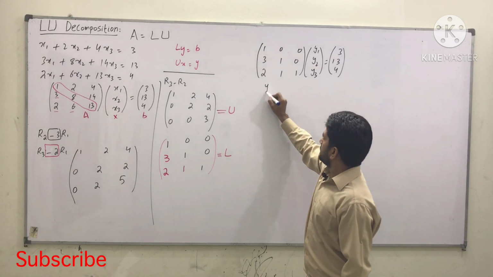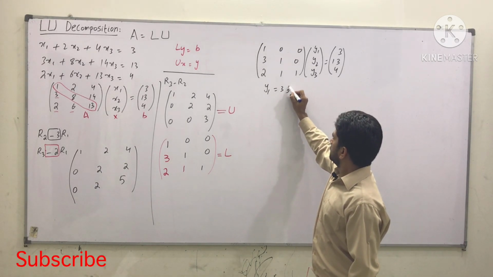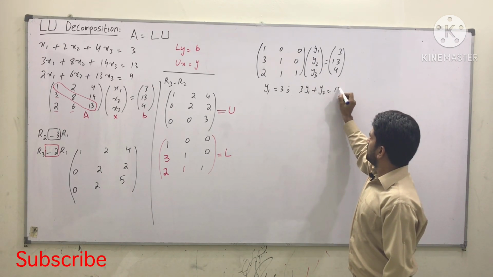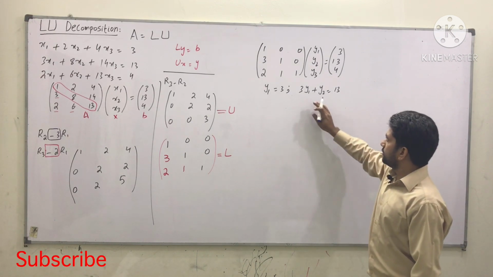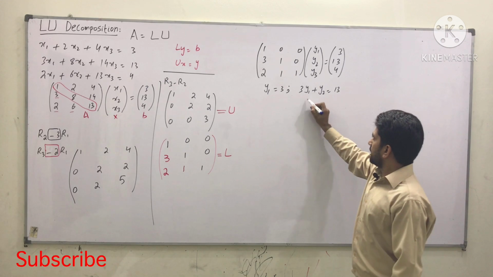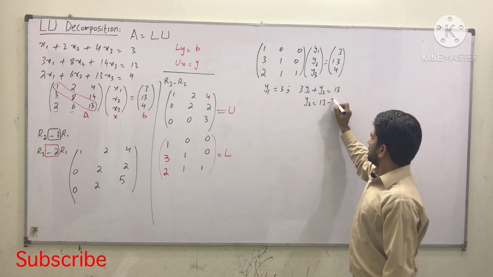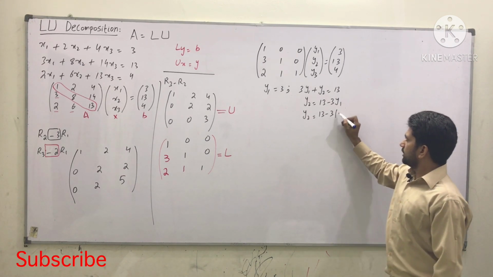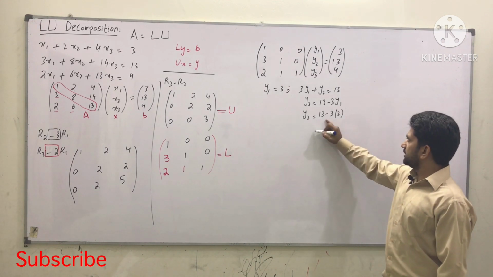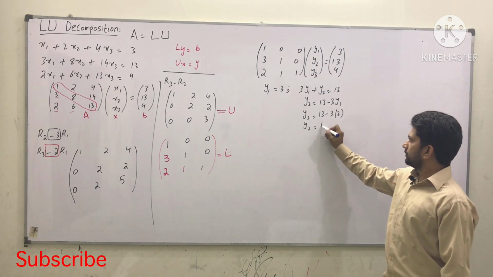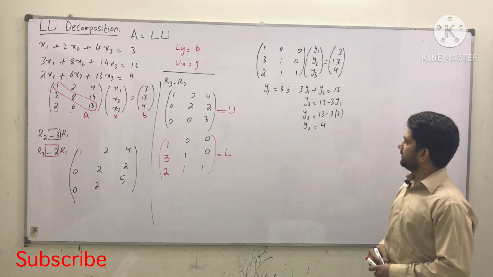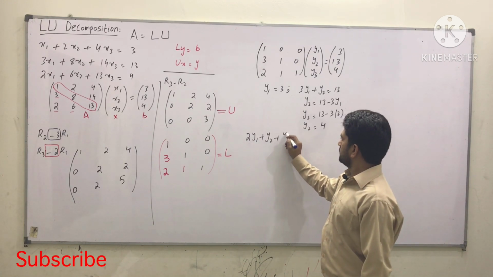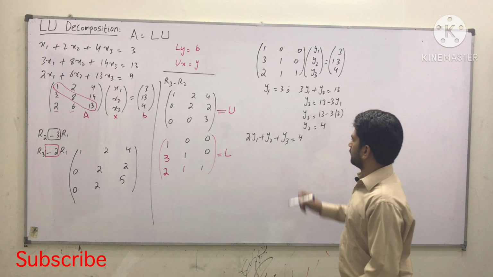So we have y1 times 1 is 3, and next we have 3 times y1 plus y2 is 13, and if I put in y1 I get y2. So y2 will be 13 minus 3 y1. On simplification, 13 minus 9 will be 4. Now the last one is left. So we have 2 times y1 plus y2 plus y3 equals 4.